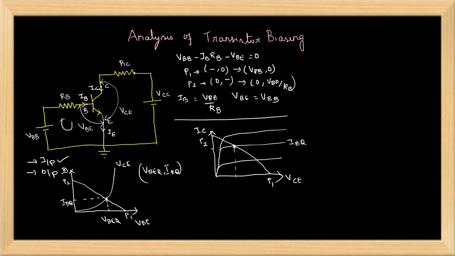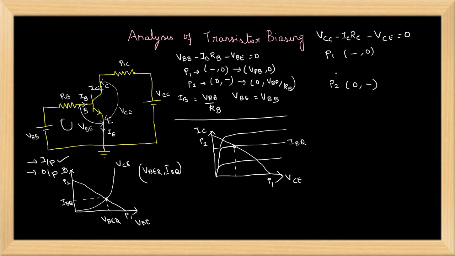We have to find this Q point. To find this Q point, we have to find the points P1 and P2. For that, apply KVL at the output side of the loop. When you apply KVL, you will get VCC minus ICRC minus VCE equal to 0. P1 will have some value at x-axis, 0 at y-axis, and P2 will have 0 at x-axis and some value at y-axis.